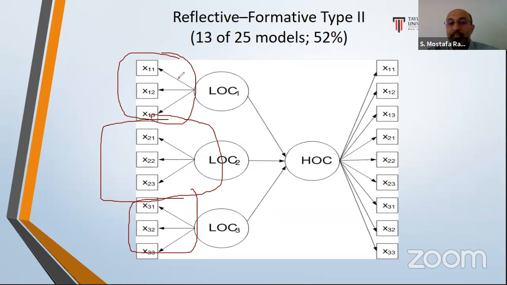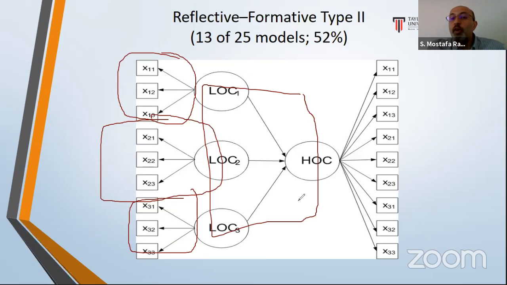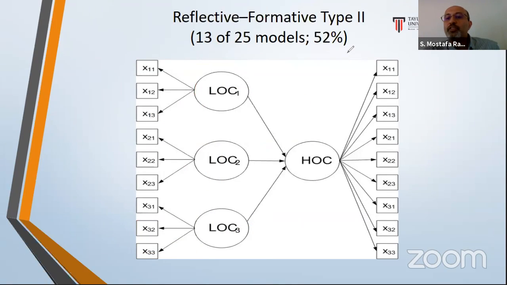But for the second level, for the higher level, 3 dimensions formatively create the higher order construct. So this is type 2 of second order construct. And this type is reflective formative, right? This is the most common type of second order construct.